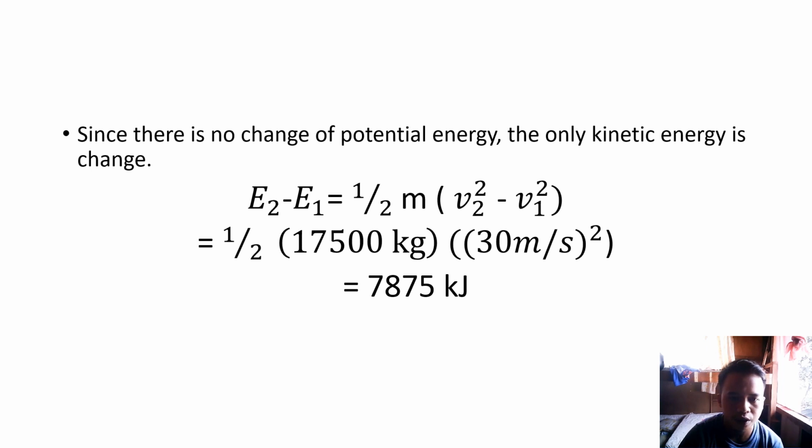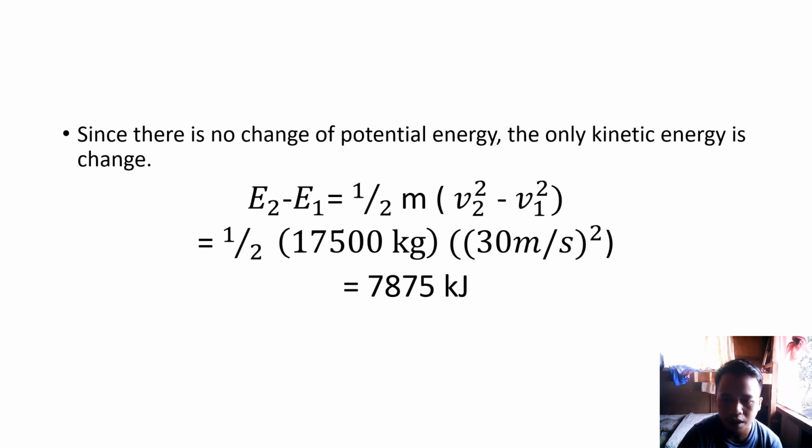Since there is no change of potential energy, the only energy that changes is kinetic energy. So we can sum up with this formula: W equals 1 half m times V2 squared minus V1 squared.